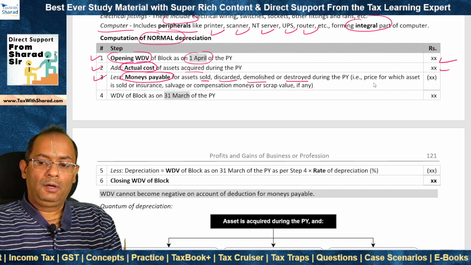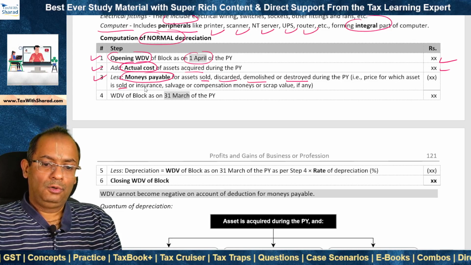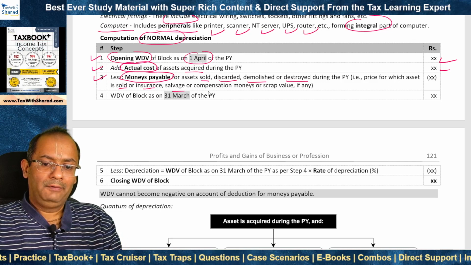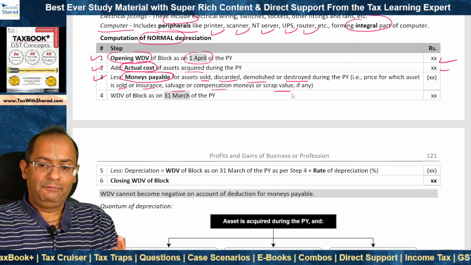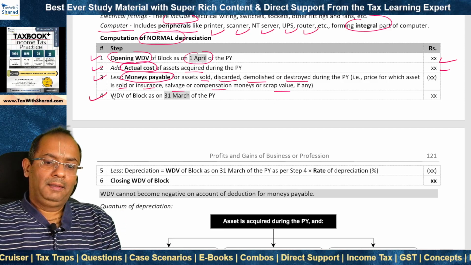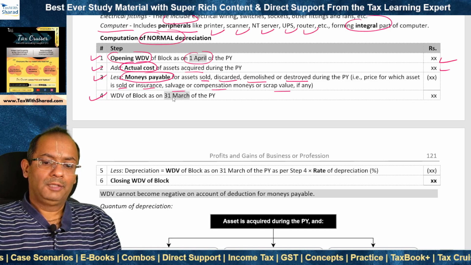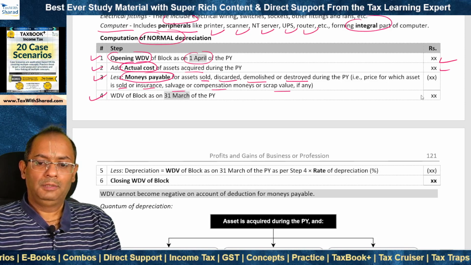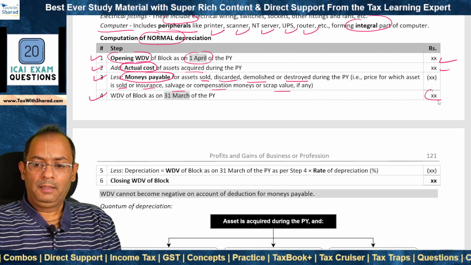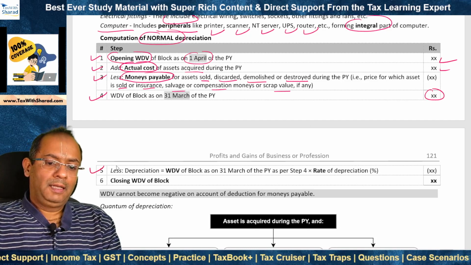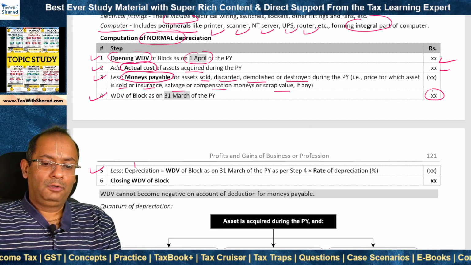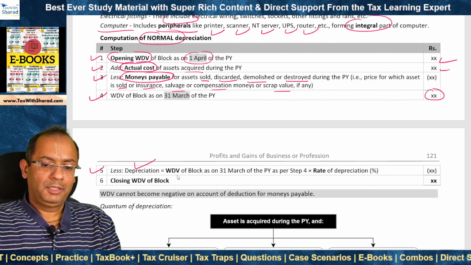So monies payable is what? The price for which the asset is sold, or insurance, or salvage money, or compensation monies, or scrap values, if any. And then the result is what? The result is WDV of the block as on 31st March of the previous year for the purpose of computing depreciation. Then in step 5, we deduct the amount of depreciation. And how do we compute depreciation?